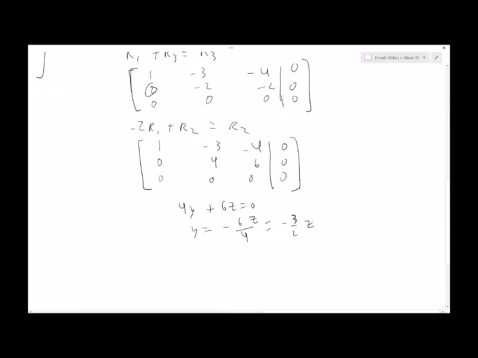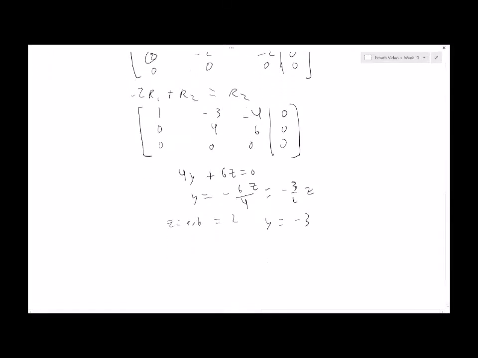So then z is going to be our arbitrary, and I'm going to set it equal to 2, and that would mean y equals negative 3. Plugging that into our top equation, x minus 3y minus 3z equals 0, or x equals 3y plus 3z, which is going to be negative 9 plus 6, which is negative 3.